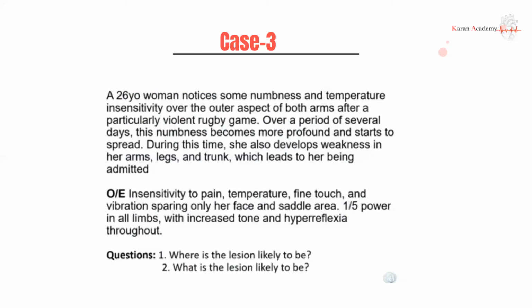Over a period of several days, this numbness becomes more profound and starts to spread. She also develops weakness in her arms, legs, and trunk. On examination, she has insensitivity to pain, temperature, fine touch, vibration, sparing only her face and the saddle area. She has 1/5 power in all limbs with increased tone and hyperreflexia.